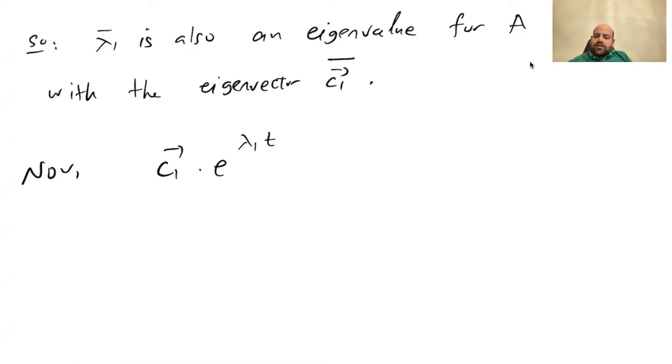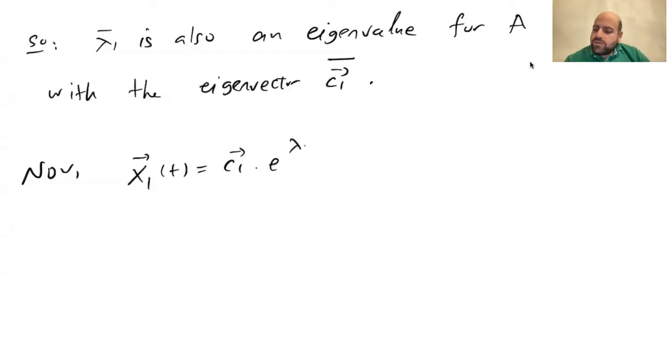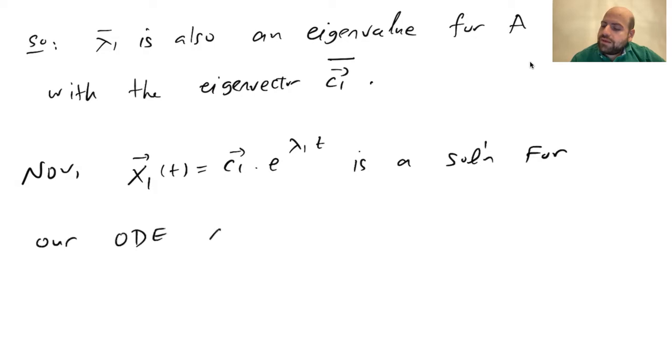I can call this one X1. So X1 of t equals C1 e to the power lambda 1 t is a solution for our ODE X prime equals AX.